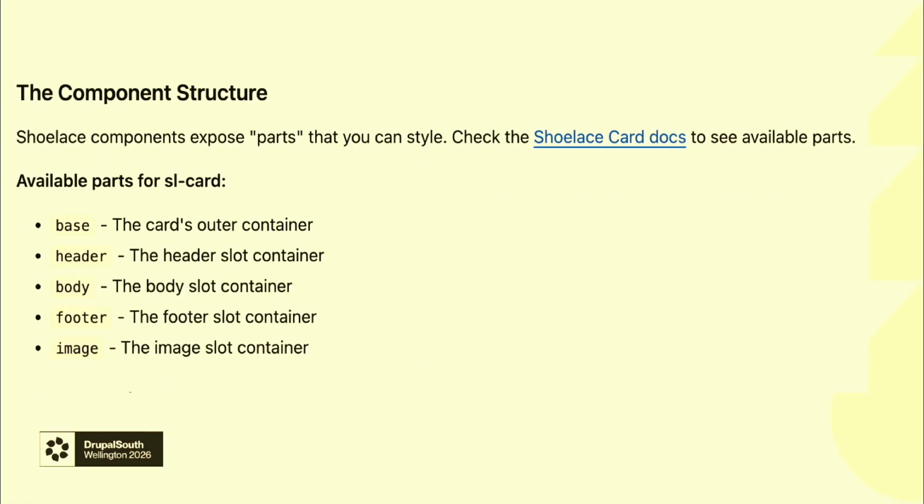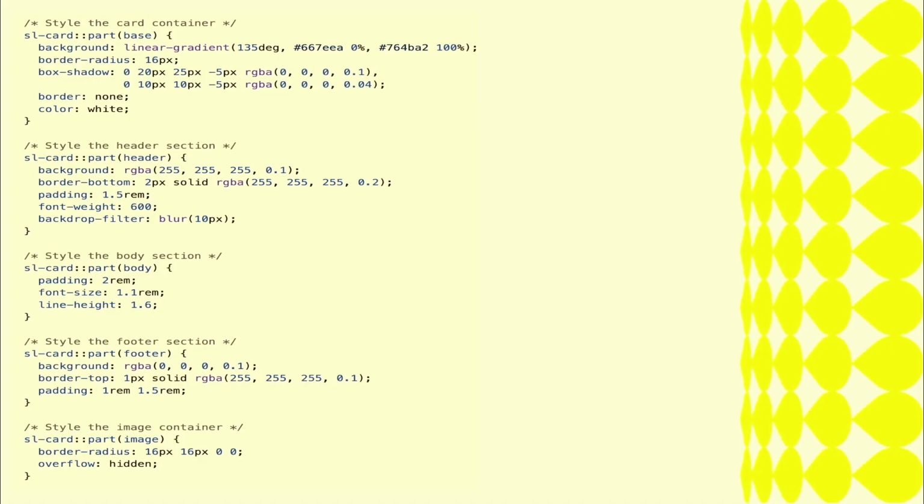The next three slides I copied from the previous presentation, just to give you a general idea of how we're going to do this. Basically, it's a web component structure. You have different parts, so you can override the card's parts.